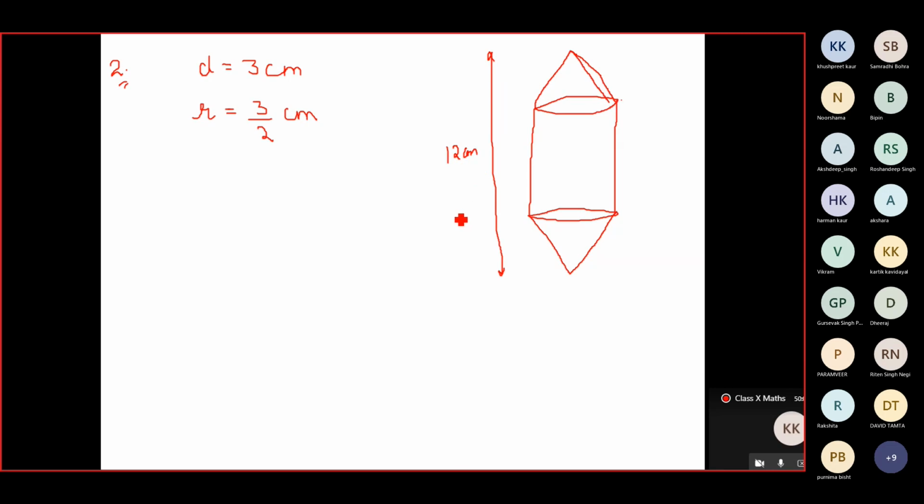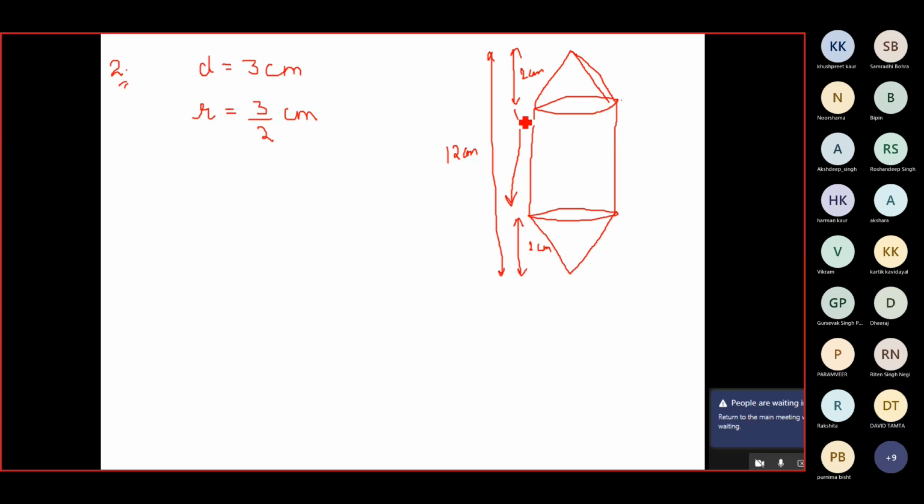And each cone has a height of 2 centimeter. This one is 2 and this one is 2. So what will be the height of the cylinder? 8 centimeter.